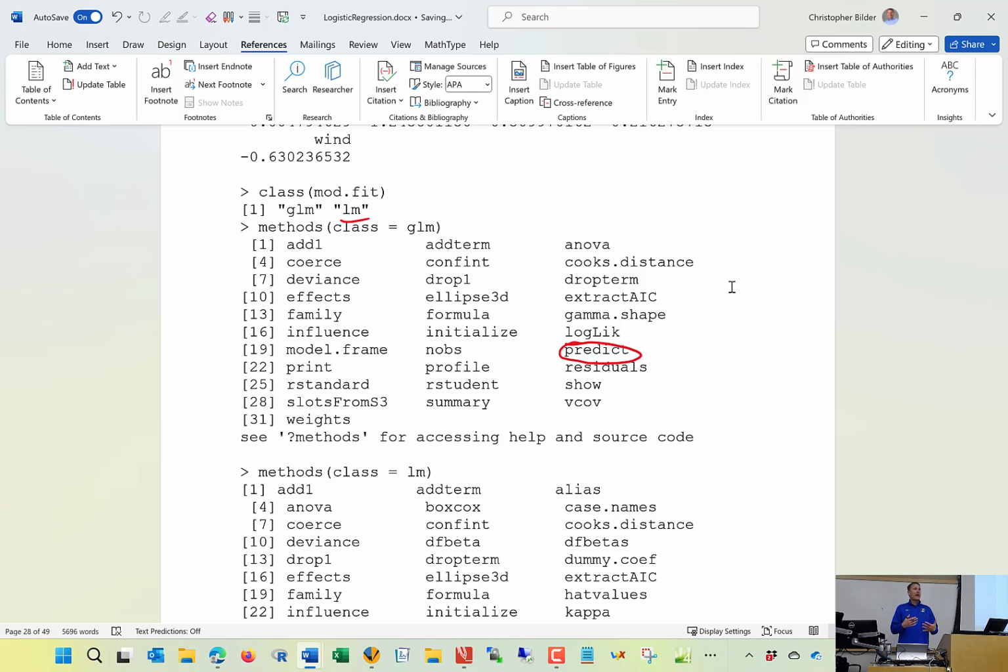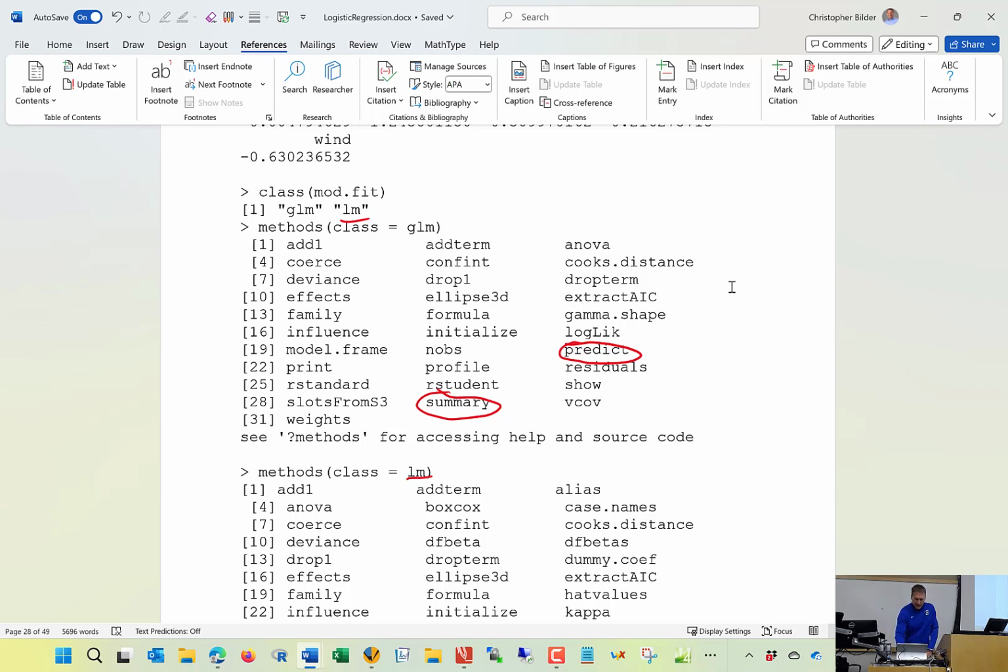So it's going to give us our pi hats. It works very similar to how predict works when you're working with the LM function. And another one that we're going to be looking at very shortly too is summary. And just like how you saw with the LM function way early in the semester, this is going to summarize the information that's inside of mod.fit.